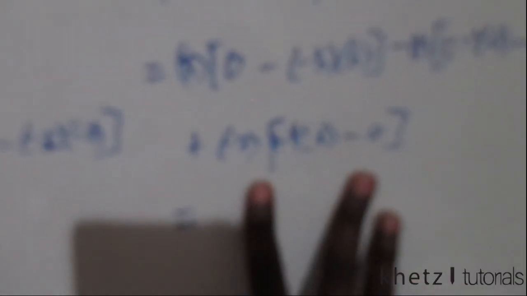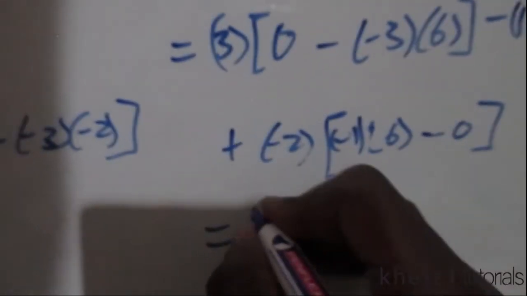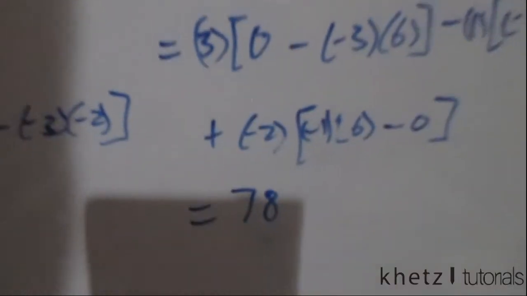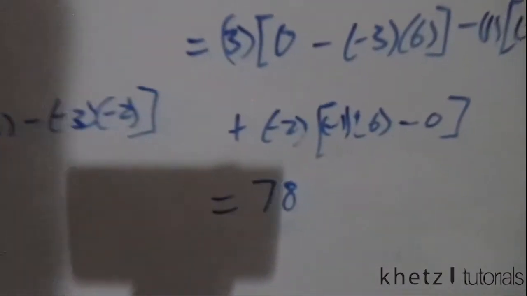This is what you have. And just simply putting that into a calculator will give you 78. Right? So let's move on to finally find determinant 3.